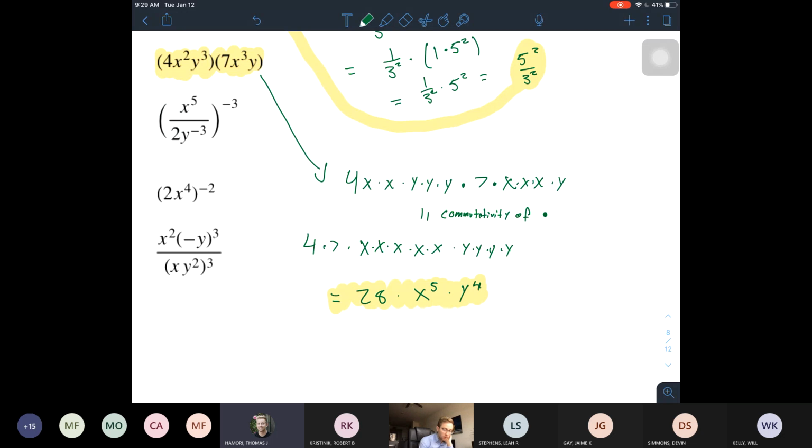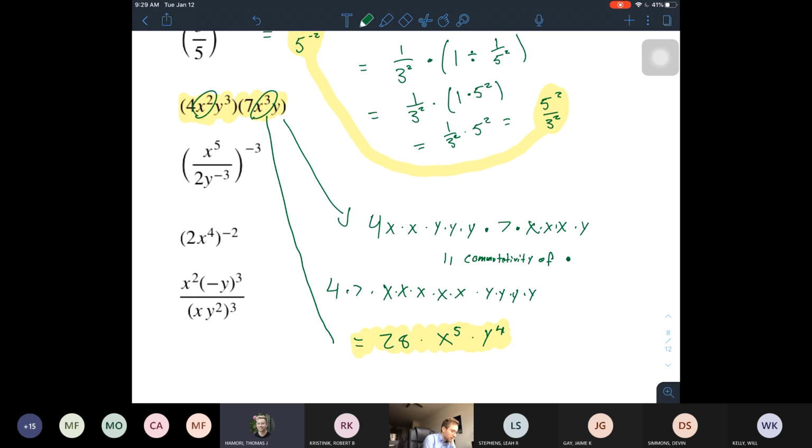Okay, so the long and short of it is that what we can do is take all of the powers on x and add them up, and then take all the powers of y and add them up. 2 plus 3 is 5, so we got a 5 for our power on x, and then 3 plus 1 is going to be 4, so we get y to the power 4. Then we multiply the terms 4 and 7 as well, because those are our constant terms, and that's how we got 28.